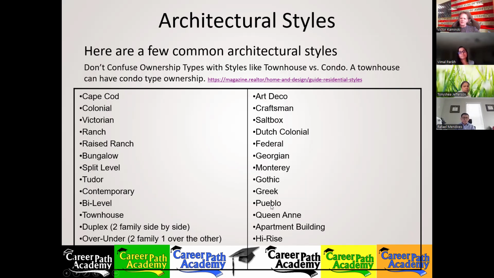Gothic, Greek, Pueblo, Queen Anne, apartment buildings, high rises. These are all just different types of architectural styles, which, like I said, I'm working on a guide for right now, and I'm pretty deep into it already, so it should be coming out soon. I should have it ready soon to show to you guys.